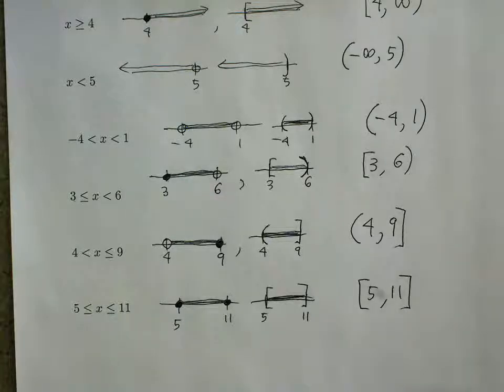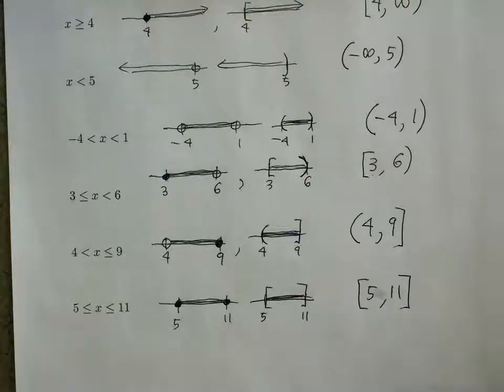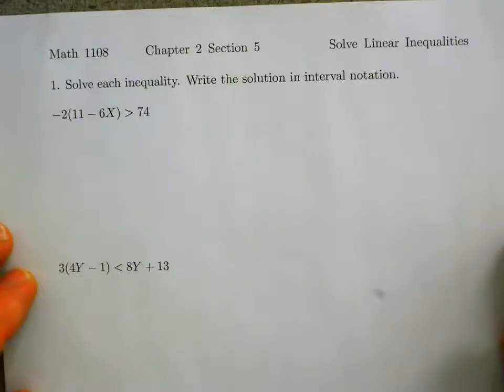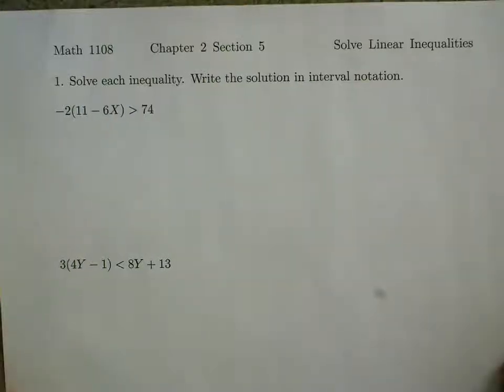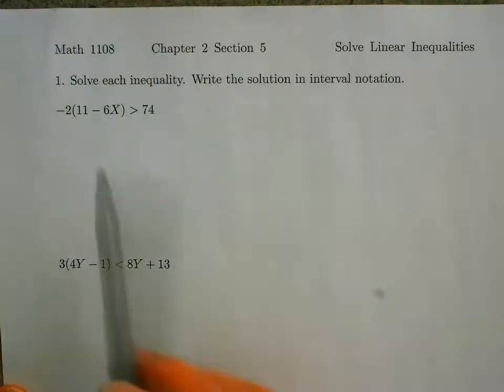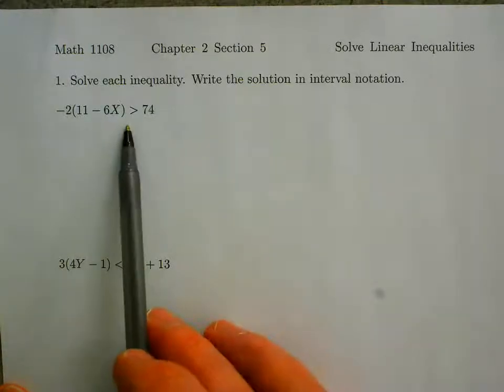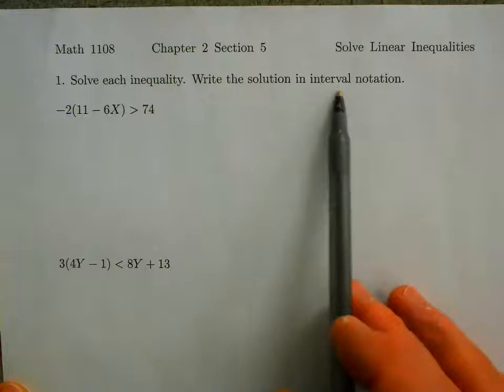Okay, we'll spend a few minutes just solving linear inequalities. Solving linear inequalities is similar to solving linear equations. So on this one, solve this inequality, write the solution in interval notation.